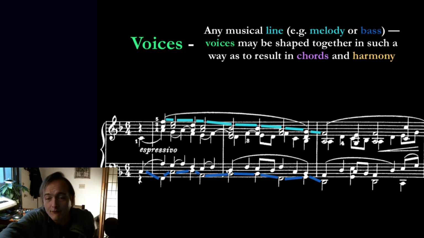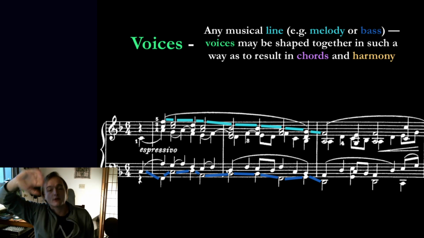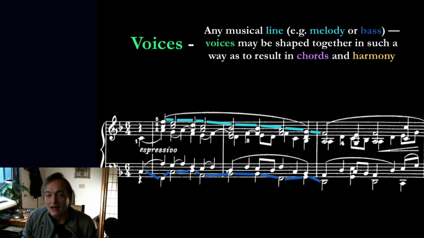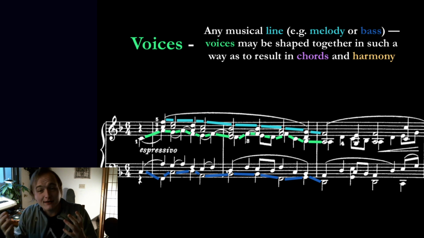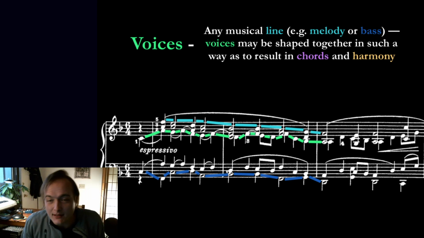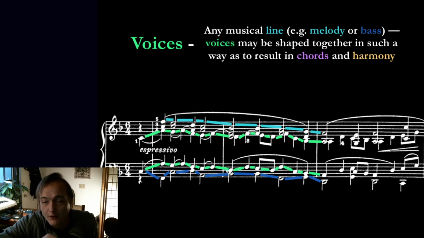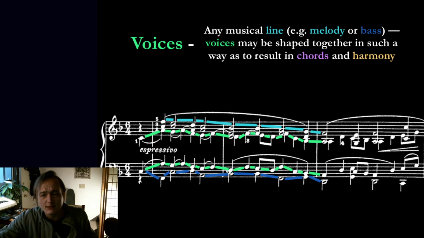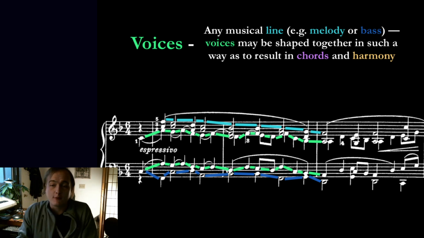So you can see here, I've highlighted now the bass voice in dark blue, and then the highest voice, or the soprano voice, in light blue. And then I've marked what's called an inner voice in green here, and actually another inner voice in another green here. And there's one or two notes that aren't completely included in these voices, and that's because this is piano music and you can play more than four voices.